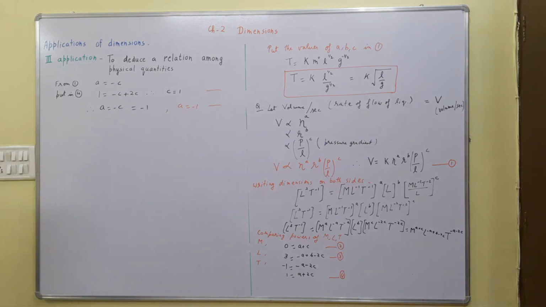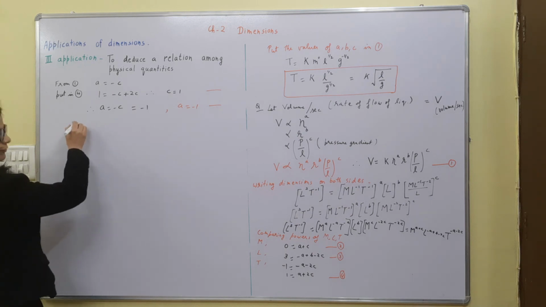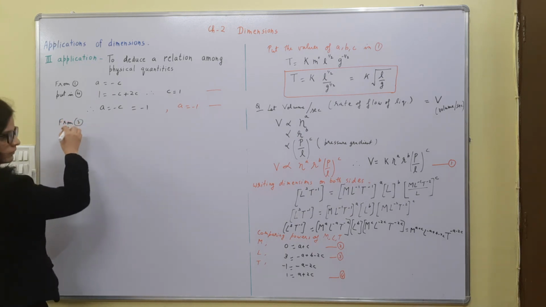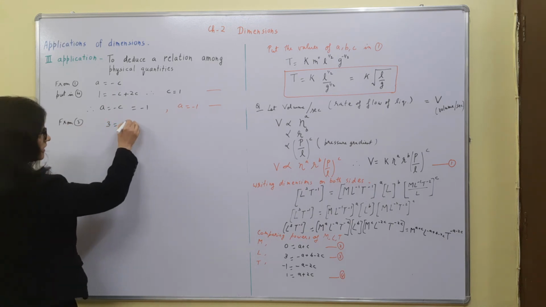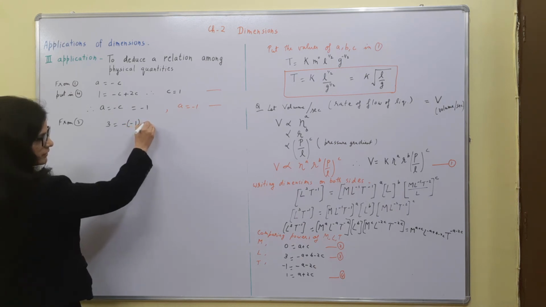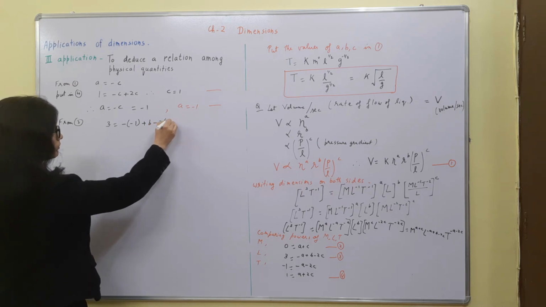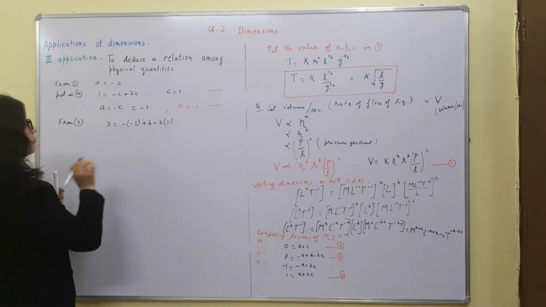And then I have to calculate b. So this is from 3. I can write 3 is equal to minus a, that means minus of minus 1, plus b minus 2 into 1, because c is 1.